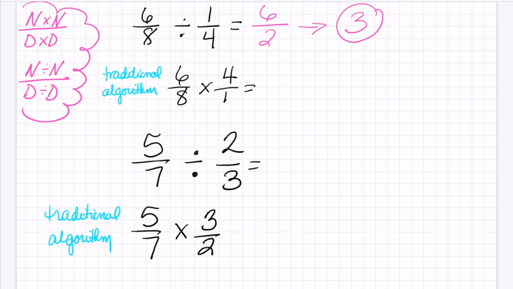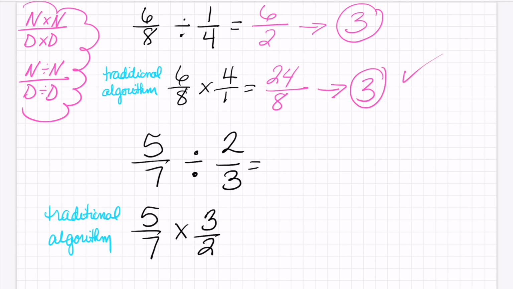What if I did it the traditional way and just multiplied by the reciprocal? I take the second part and flip it. This is keep, change, flip. 6 times 4 is 24, and 8 times 1 is 8. And this also simplifies to 3. So far this works.